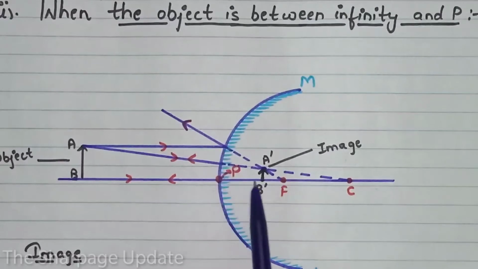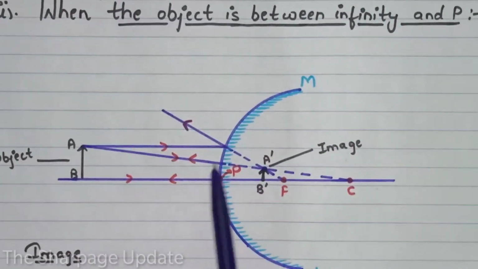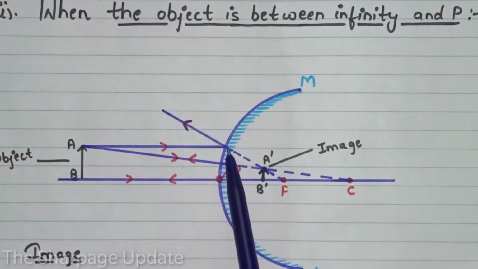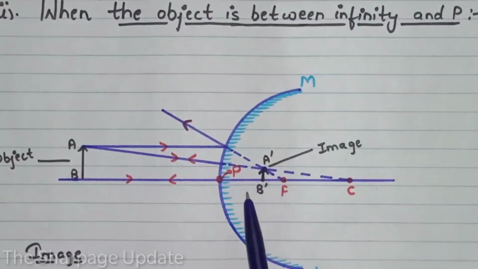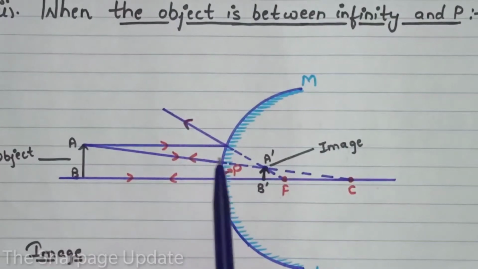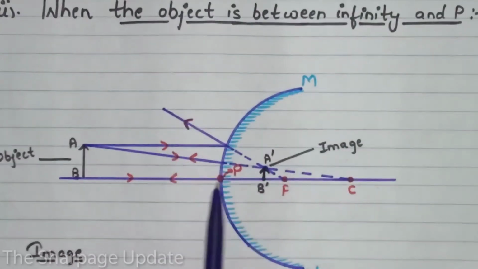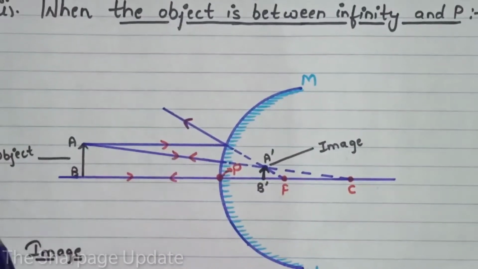Now, we can see that this ray is parallel to the principal axis and appears to meet at the focus behind the mirror. Now, the second ray of light appears to meet at the center of curvature and returns back following the same path.